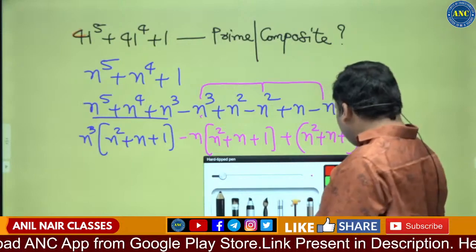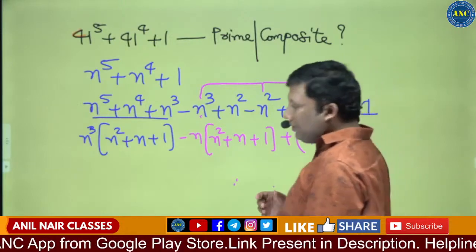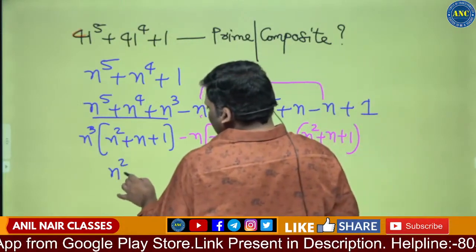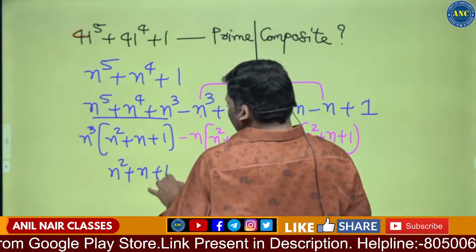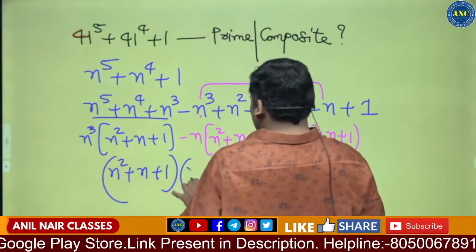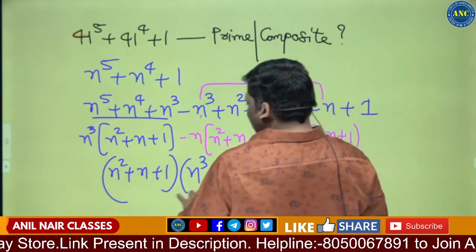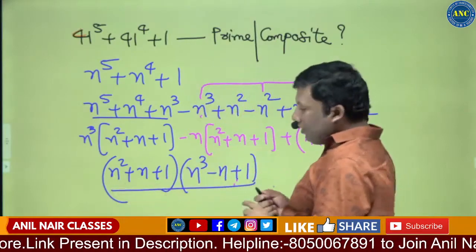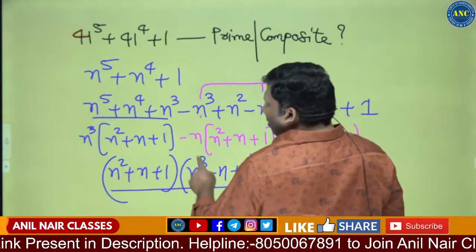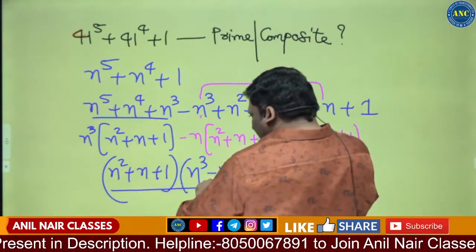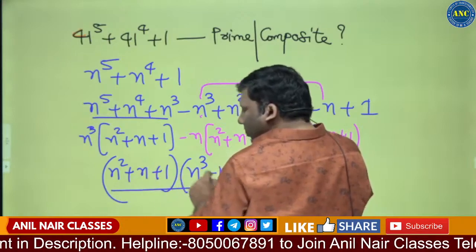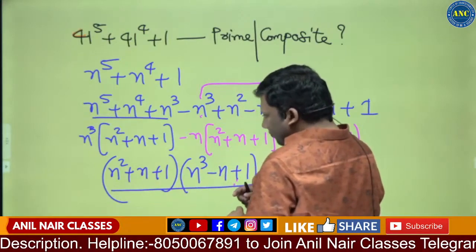Now if you observe carefully, this is n square plus n plus 1 into n cube minus n plus 1. If you observe, n square into n cube is n power 5, n cube into n is n power 4.